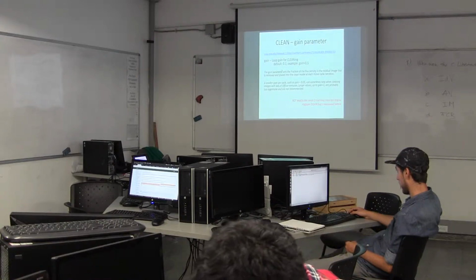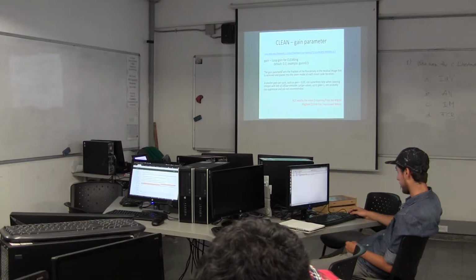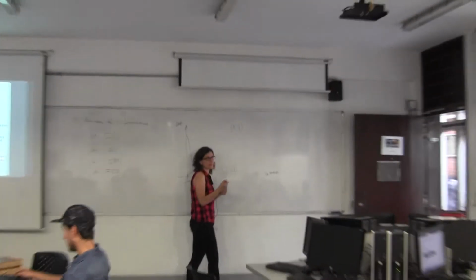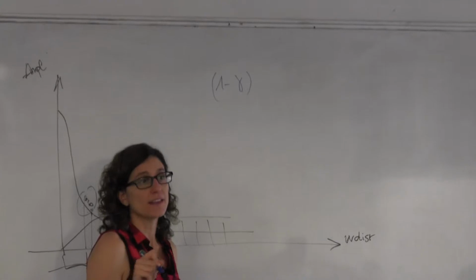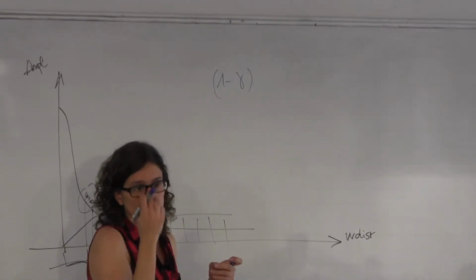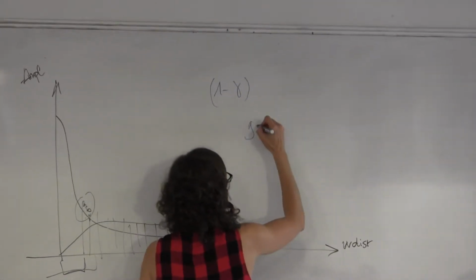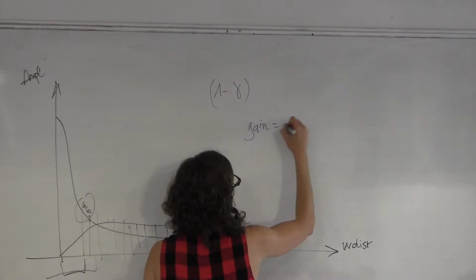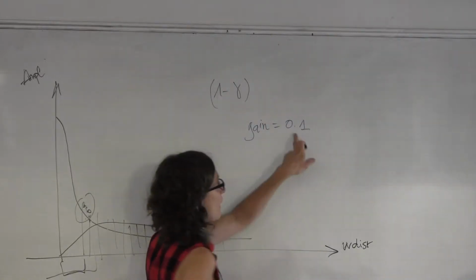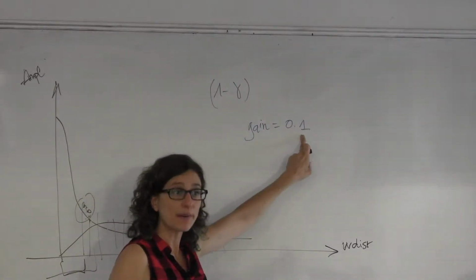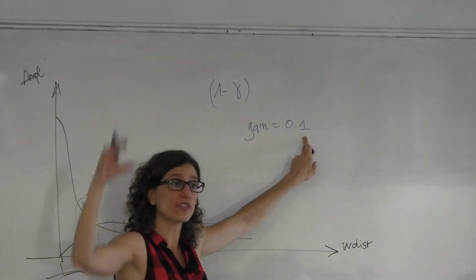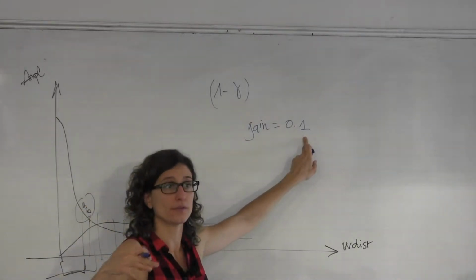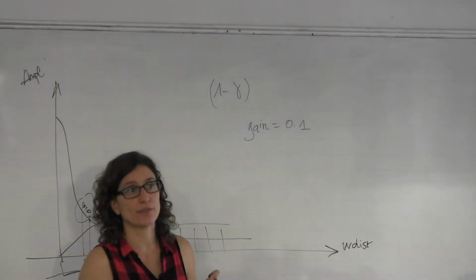In the original paper, the gain was defined as 1 minus gamma, but here in CLEAN it is defined as a fraction. So a gain of 0.1 means that I'm only going to extract 10% of the point source that I have just found. This is very conservative.